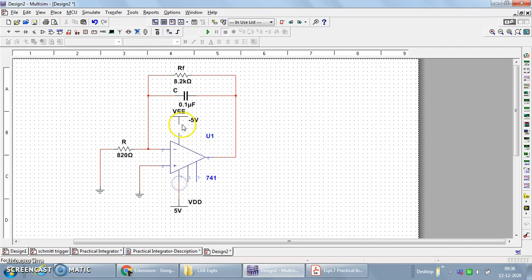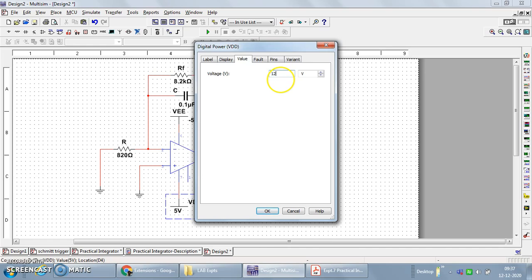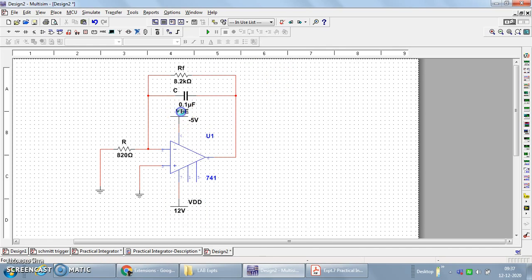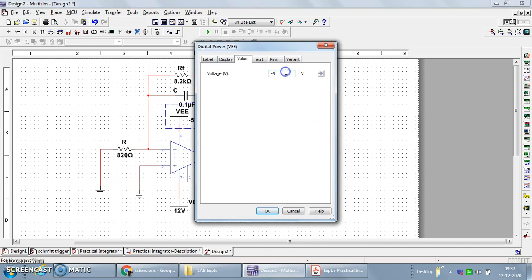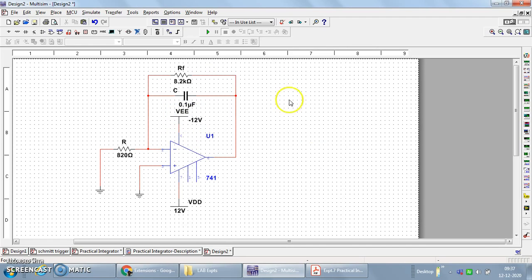Need to change its value also. Let us make this of plus 12 and this to be of minus 12. Equal in magnitude, opposite in direction of op amp. Okay, fine. So this is what the connections are. So this is what we have designed the circuit with the formulas.